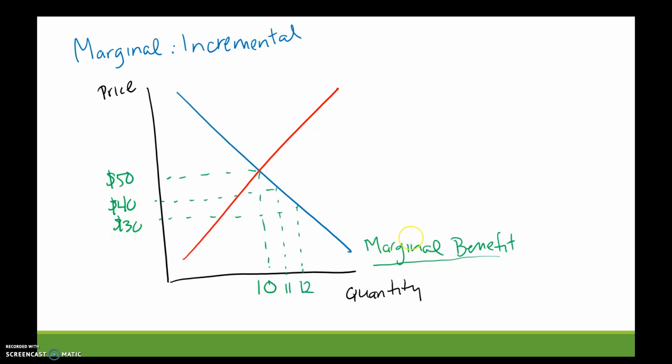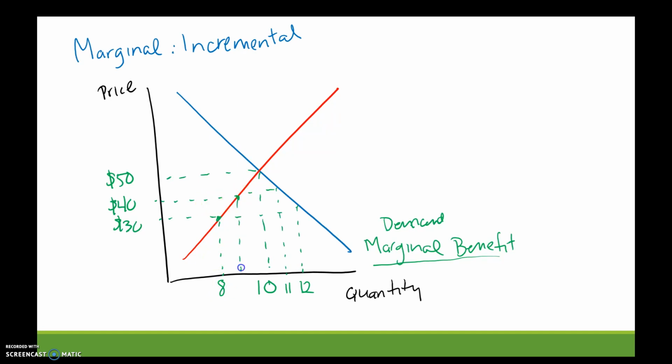So again, we're looking at it from two different angles. And we could call this either the demand curve or the marginal benefit curve. We have the same thing with the supply curve. At $30, as a supplier, let's say we're willing to supply 8 pair of shoes.